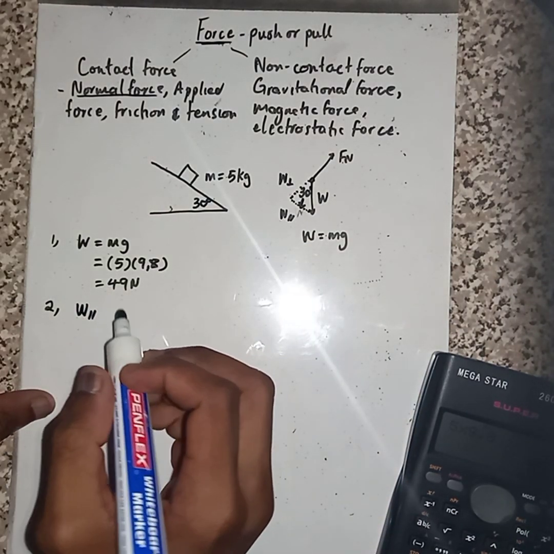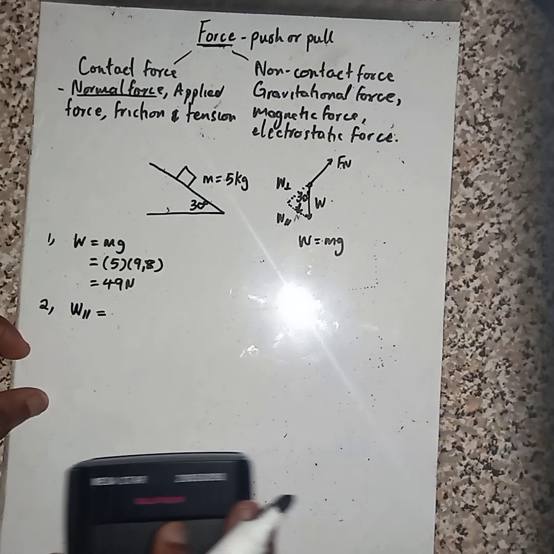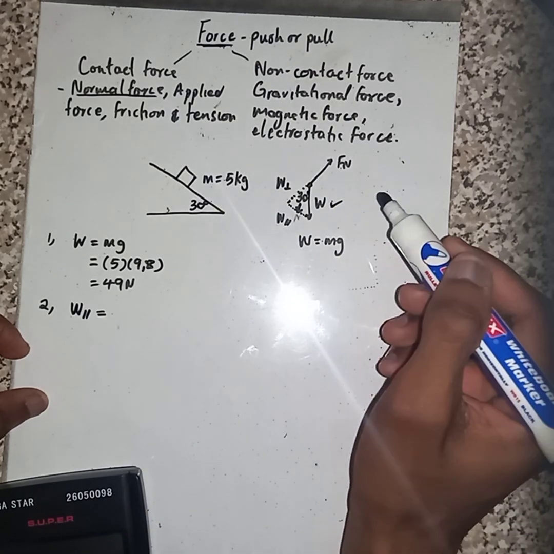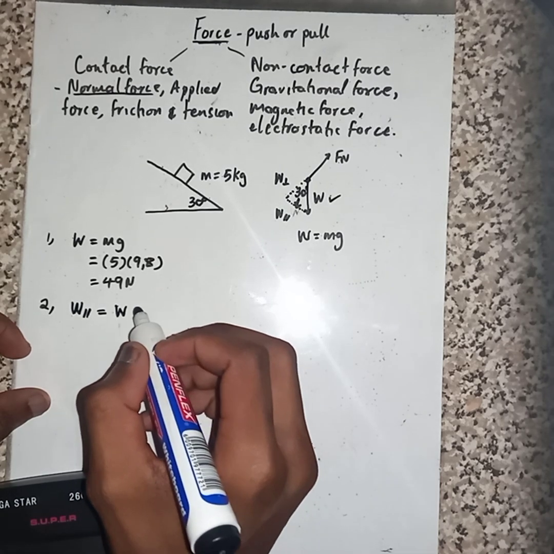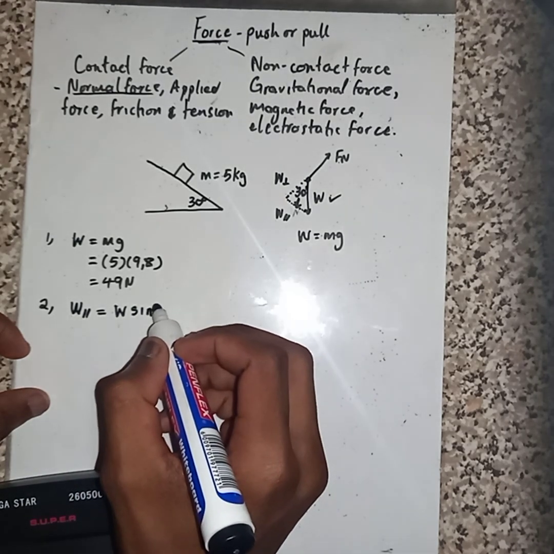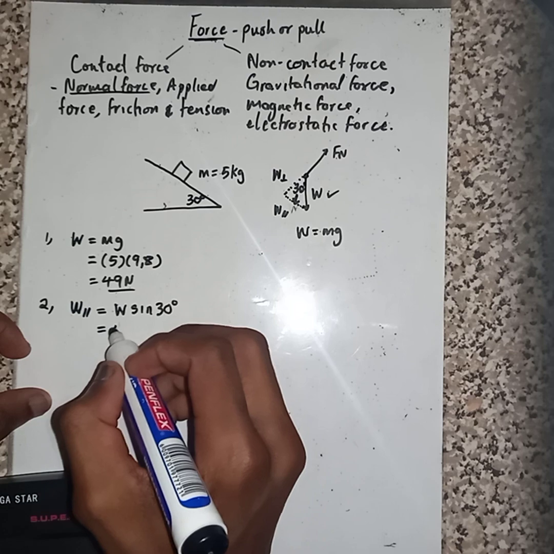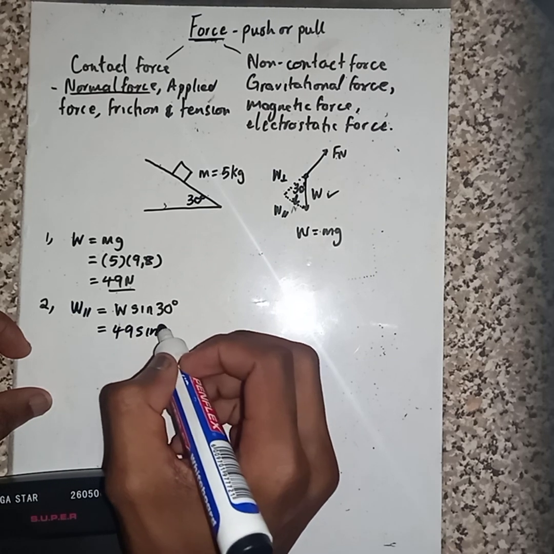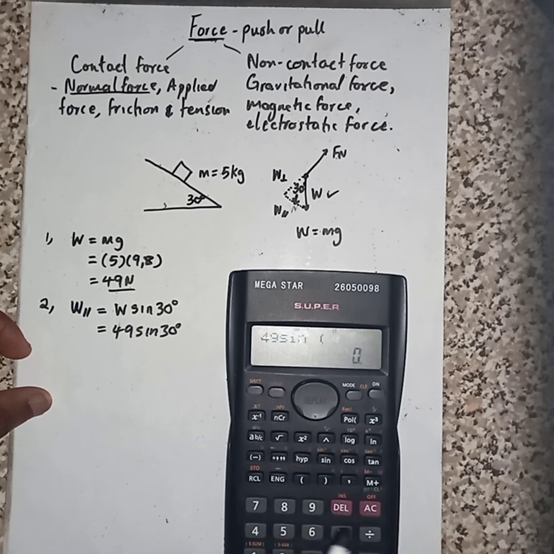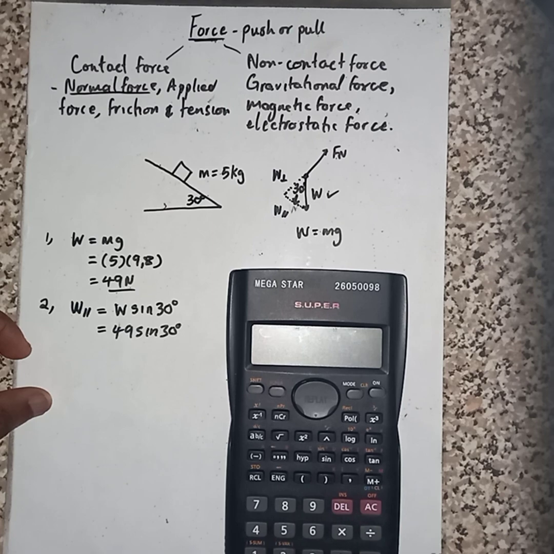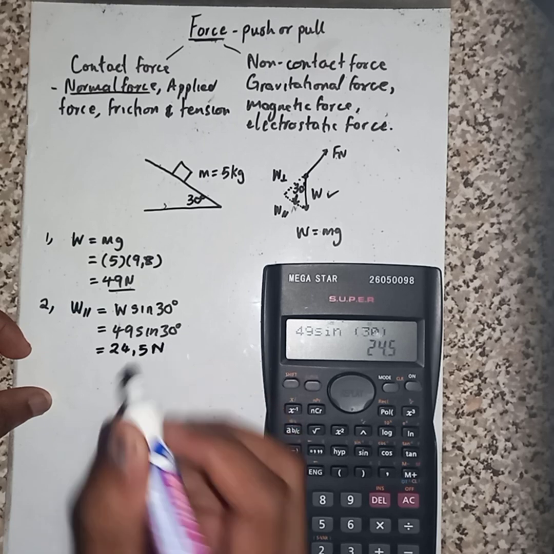W parallel is equal to our hypotenuse, which is the weight in this case, times sine of 30 degrees, where W is this value, 49. So 49 sine of 30, we get 24.5 Newton.